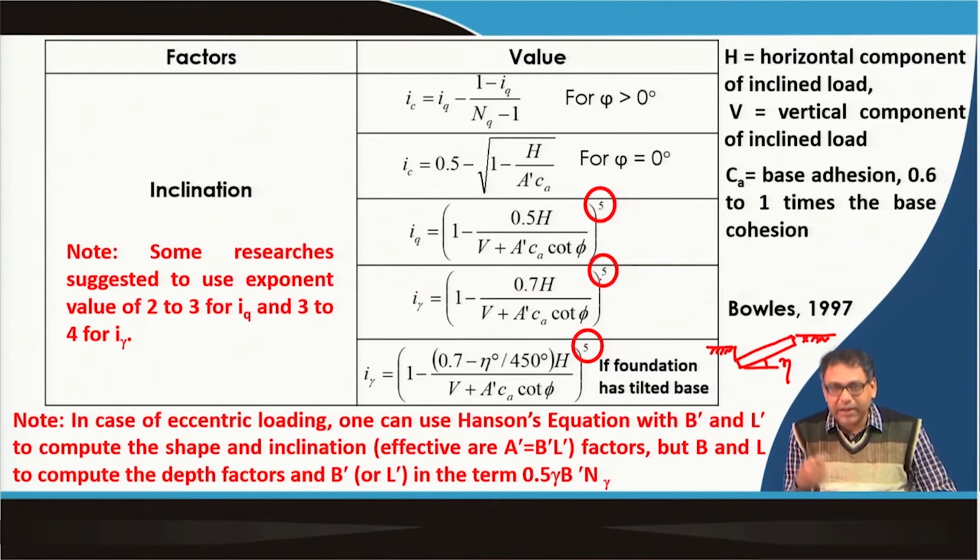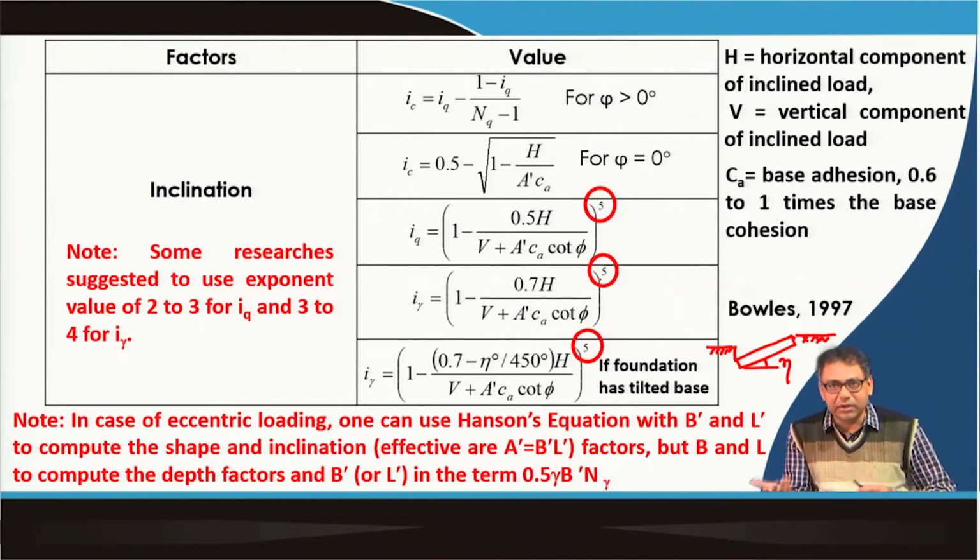So, in all my example problems I will use 5, but if in your question it is mentioned that you use this exponent value, then you have to use that. If nothing is mentioned in the question, then you can use the 5 directly. If nothing is mentioned, you use 5. If any value is mentioned within this given range, then you have to use that value.